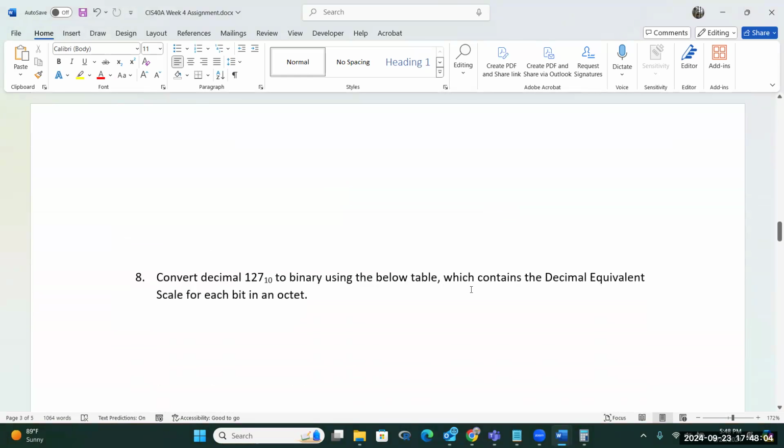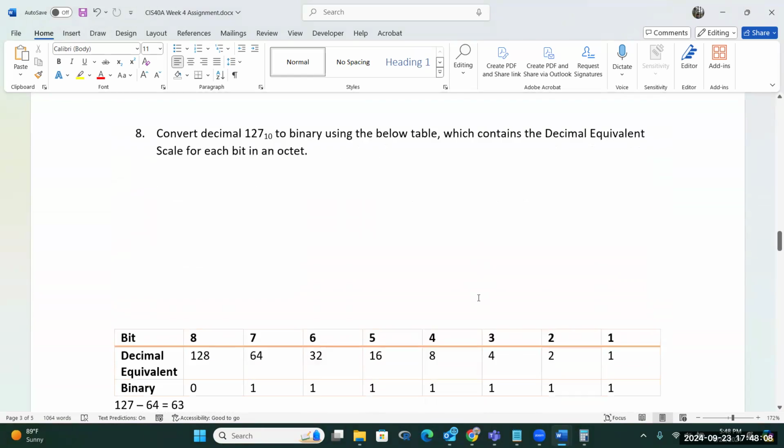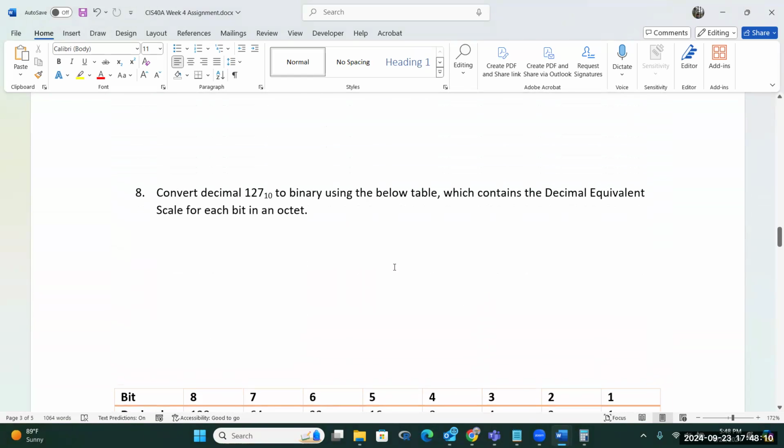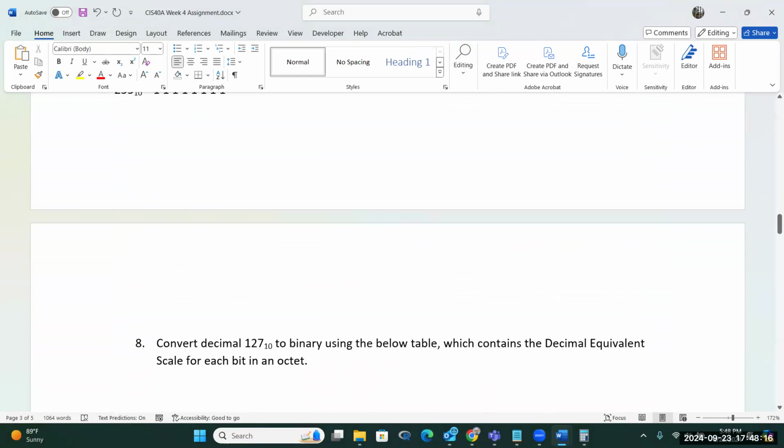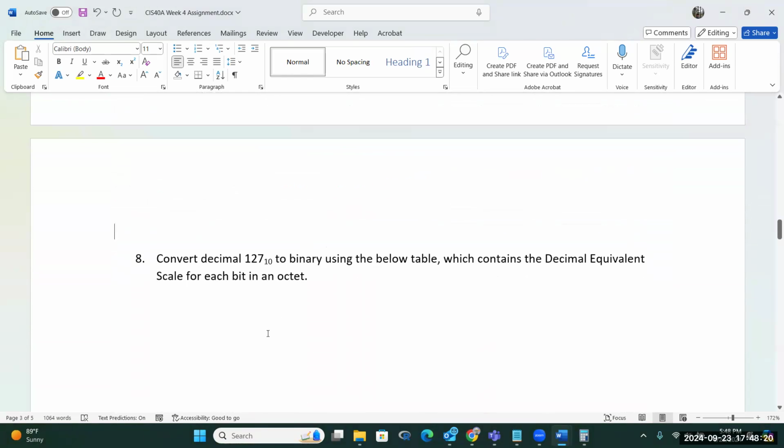Okay, now you can try number 8. You're given 127, you see this in the octet for loopback, right? And we want to convert 127, which is a decimal value, to binary.